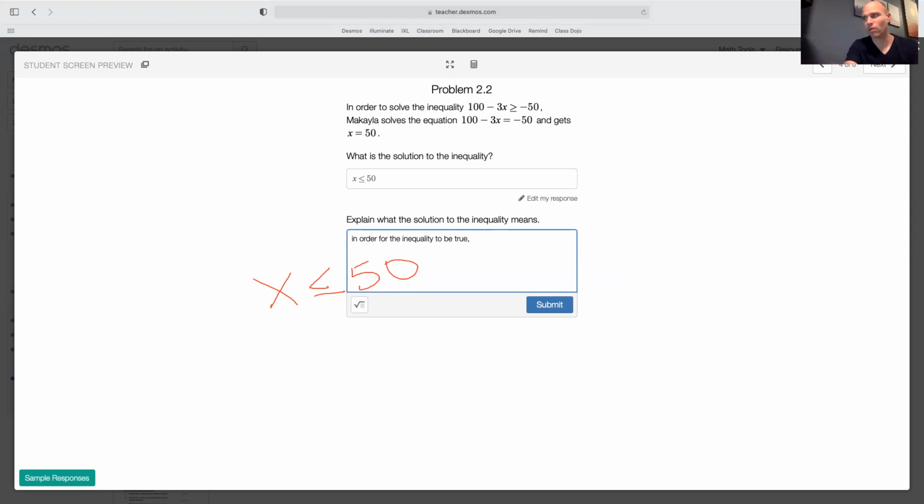And so in this case, in order for the inequality to be true, x must represent any number less than 50, or in this case, equal to 50 because it has the equal bar, right? So we should specify that, or equal to 50, or exactly 50, something like that.